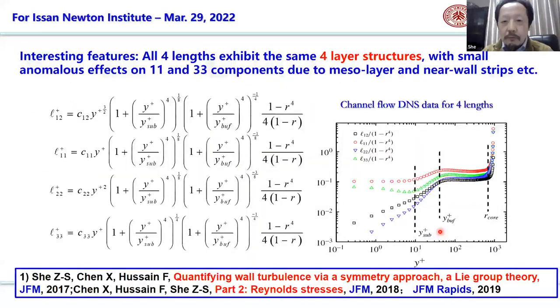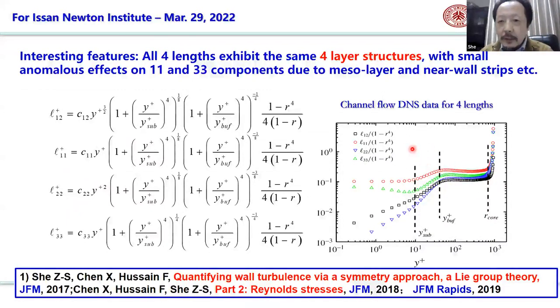Most interestingly, not only the mixing length, which is the shear stress length, but also the energy length, all satisfy the same formula with the same sublayer thickness as you see here, and the buffer layer thickness, and also for the channel there is a core, R core, so there is a four-layer structure.